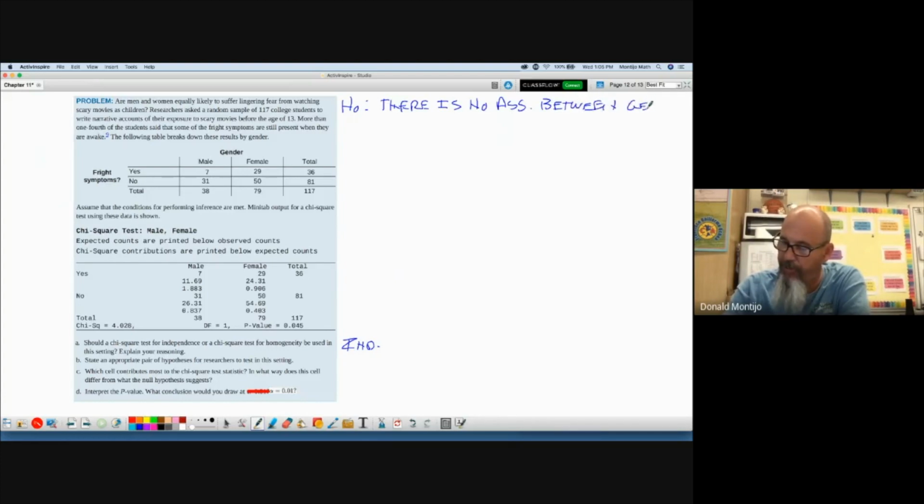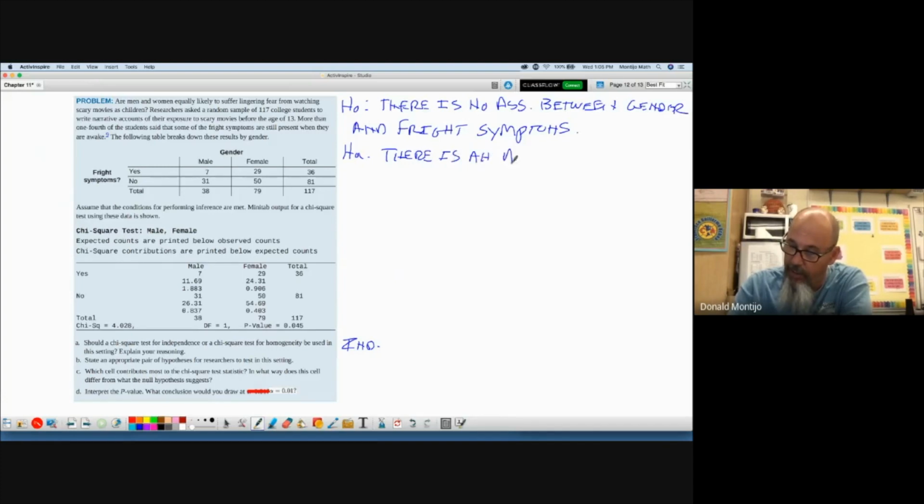Between gender and fright symptoms. What do you think the alternative is going to be? Yeah, you guessed it. There is an association between gender and fright symptoms.